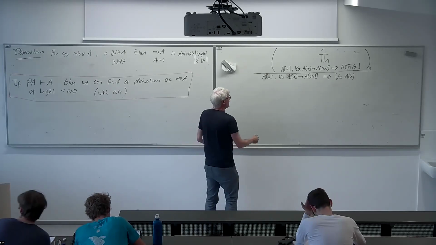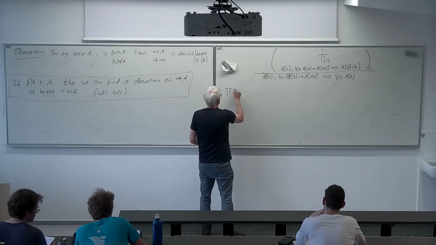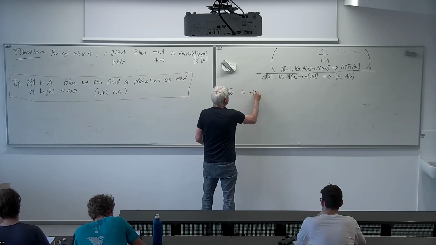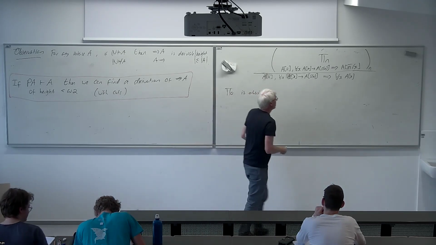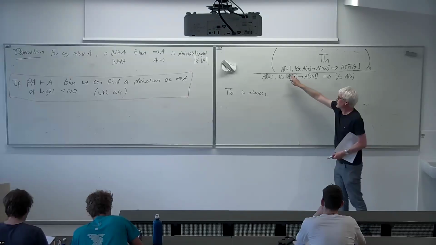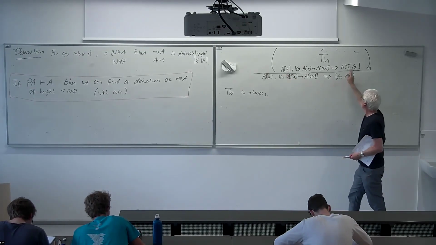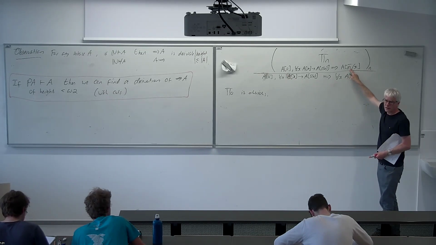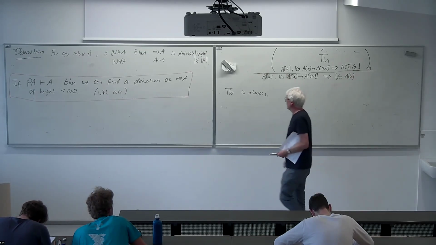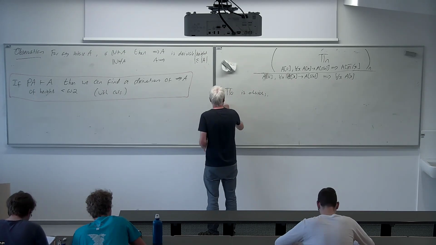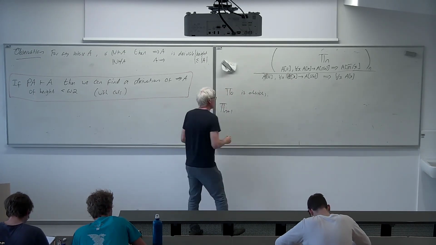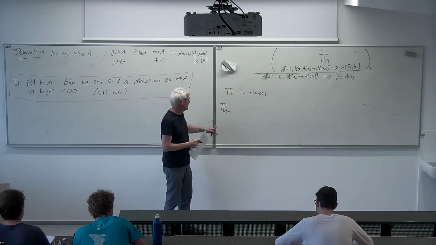So here, pi 0 is obvious, because pi 0 is just an instance of the identity rule. We've got A0 on the left and A0 on the right. And pi n plus 1 is constructed from pi n.